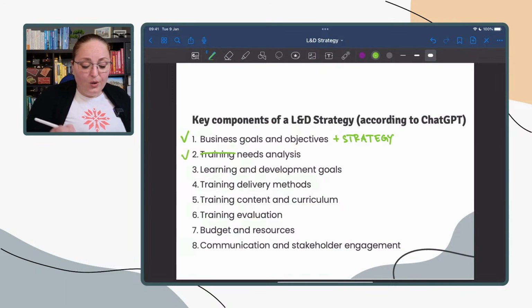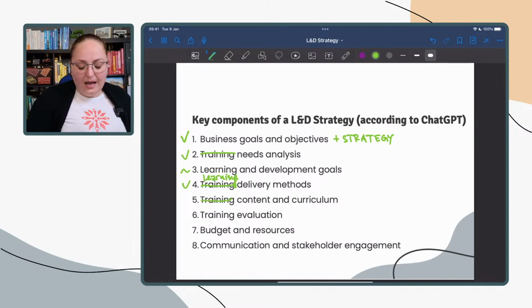Learning and development goals. Yes, you essentially want to know what are the goals of the department, or rather your strategy should dictate. So I'm actually taking it back. To me, that's a bit of a 50-50. The training delivery method, again, if we rename this to learning delivery methods, yes, 100%.